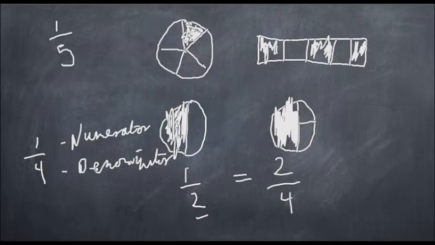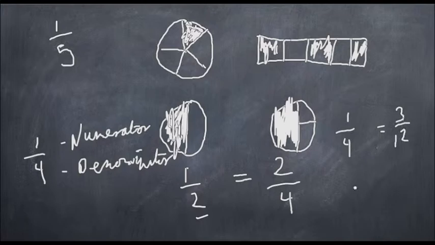So what you got to do is you times the top by any number, and the same number you times the bottom by. So let's say you wanted to know, what's an equivalent fraction of 1/4? Well, just times this by 3 and this by 3, and guess what? You've got 3/12, and that is an equivalent fraction.